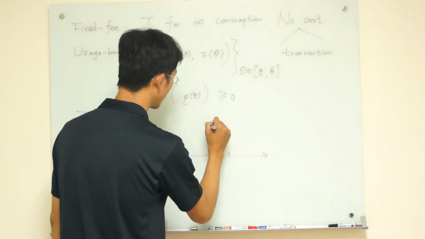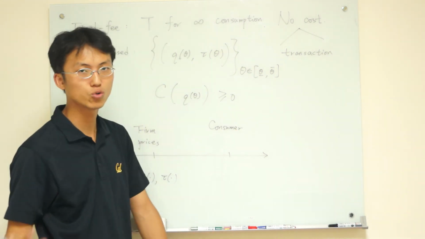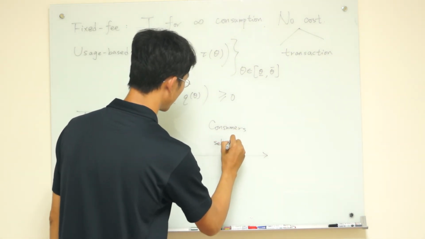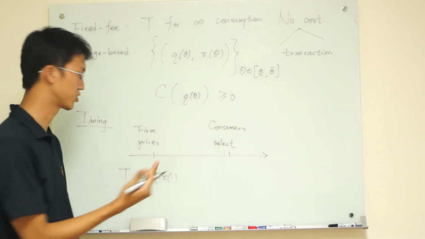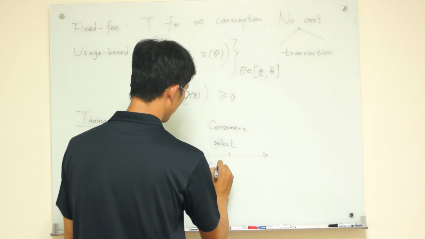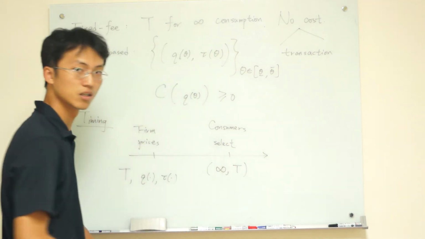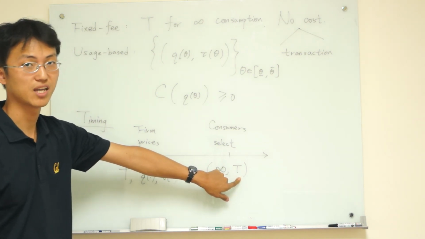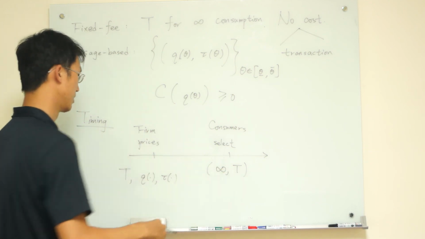And after that, all those consumers will select. Each of them has actually three options. First is to select an all-you-can-eat plan with capital T as the subscription fee or as the payment.